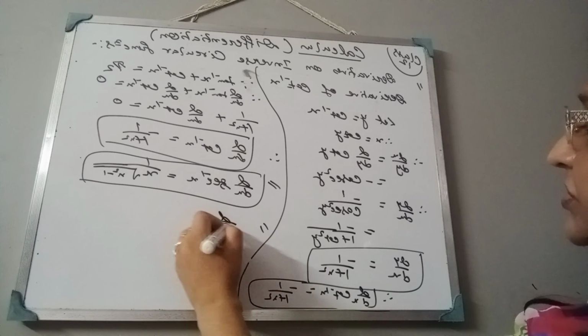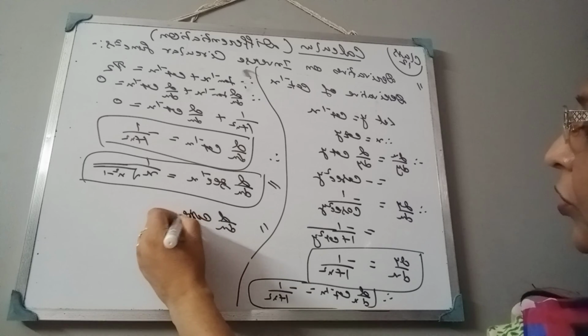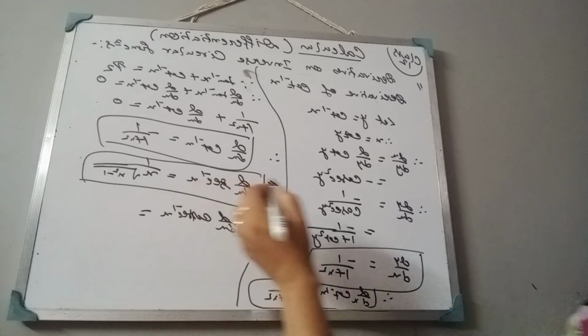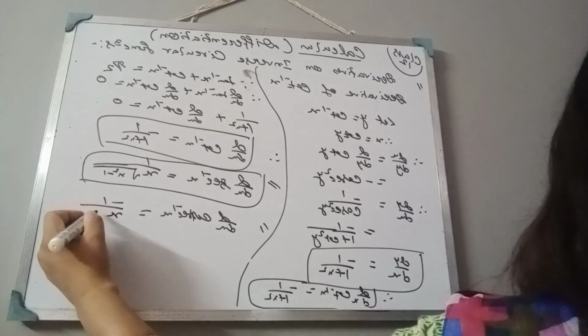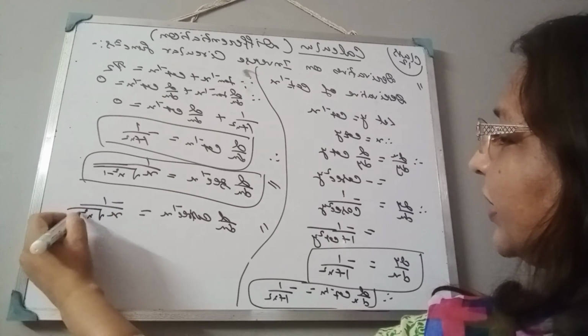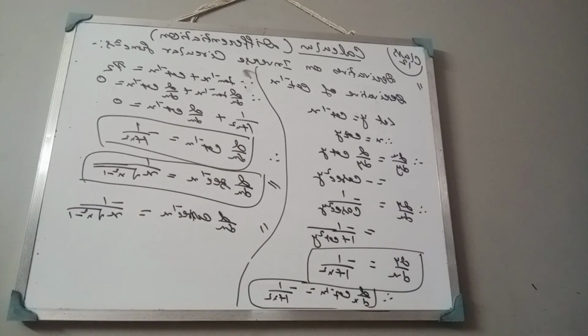Another is d/dx of cosec inverse x, which is minus 1 by x square root of x square minus 1. Got it? So the inverse functions are done now.